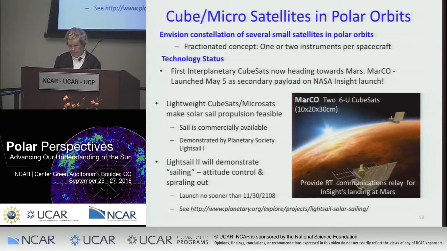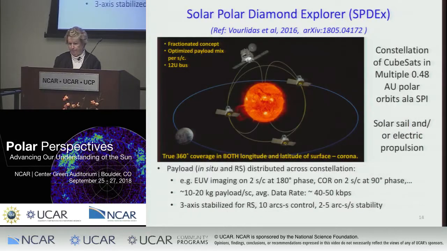So again, this approach is becoming feasible. And I guess Noor made reference to one concept, a solar polar diamond explorer, and there's a reference there, where you put multiple small satellites in the same solar polar imager type orbit.